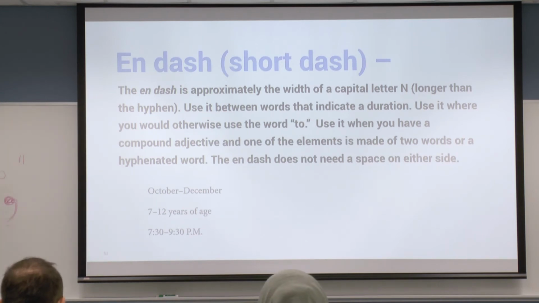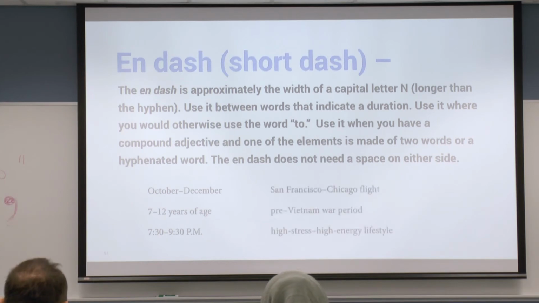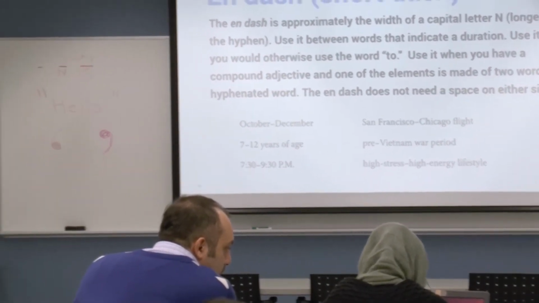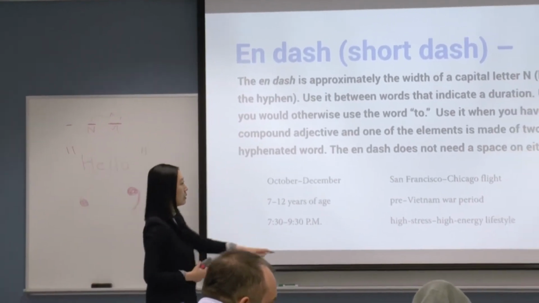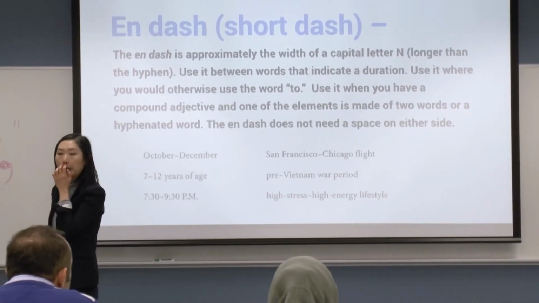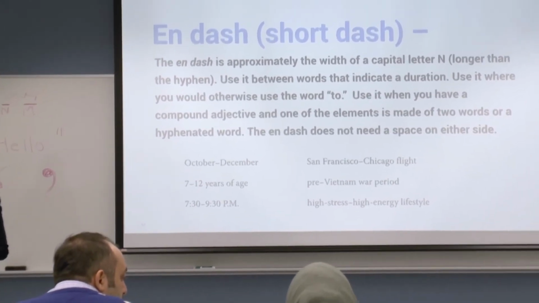And 7 to 12 years of age, 7:30 to 9:30 p.m. San Francisco to Chicago. In these cases, you want to use the N dash. Another thing to remember is that you don't need a space on either side of the dash.